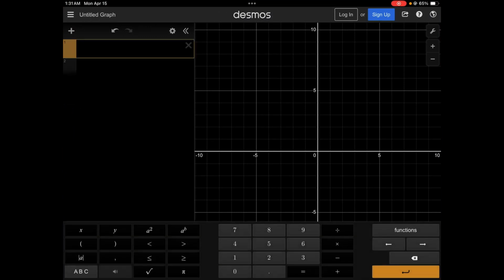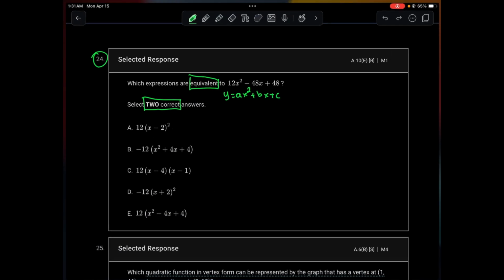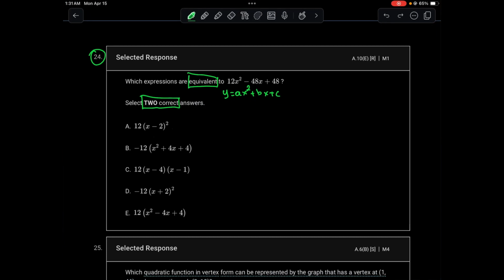Let's do that. Y equals, and let's start with 12x squared minus 48x plus 48. I'm tempted to not do that because it's really simple, but let's do it.